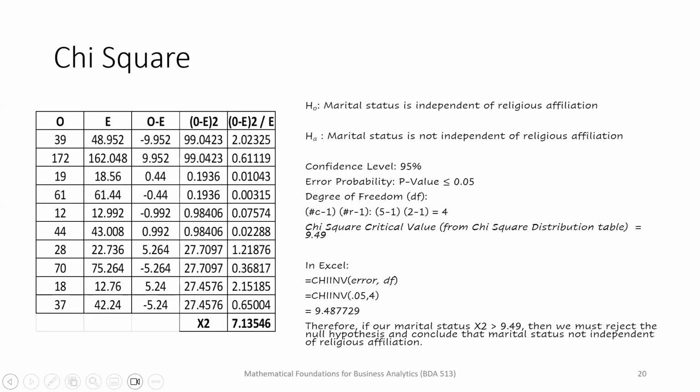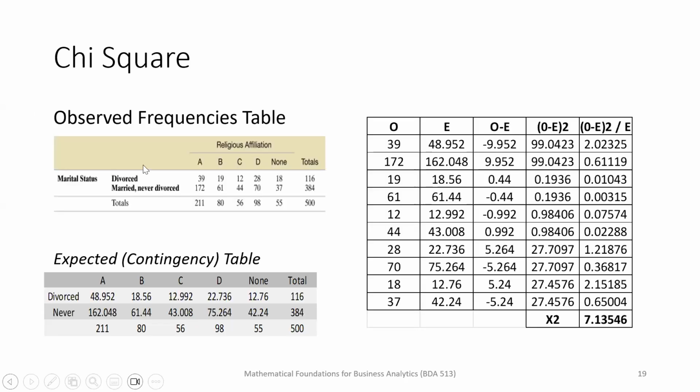Okay, yeah. So here, the degree of freedom is the number of columns minus 1 multiplied by the number of rows minus 1. If you look at the question here, the columns are A, B, C, D, and none. These are the religious affiliations.